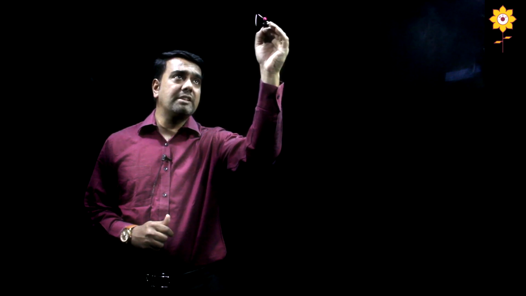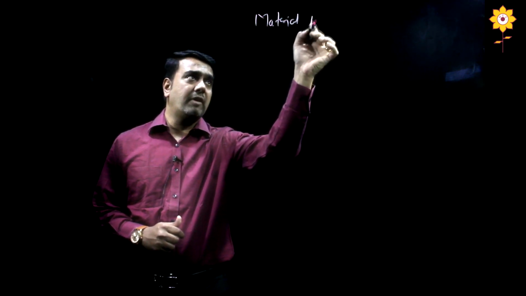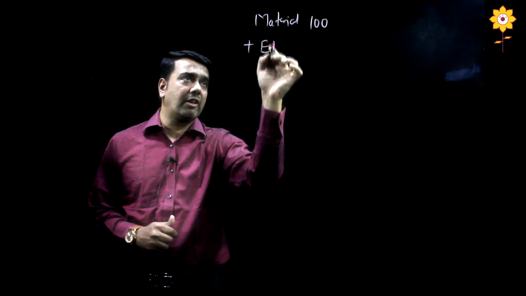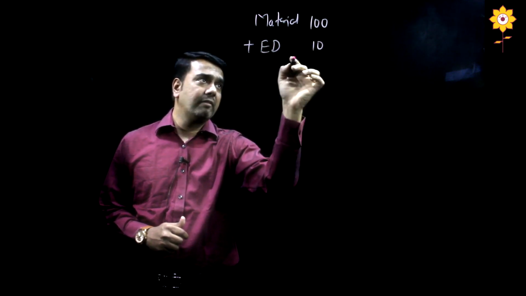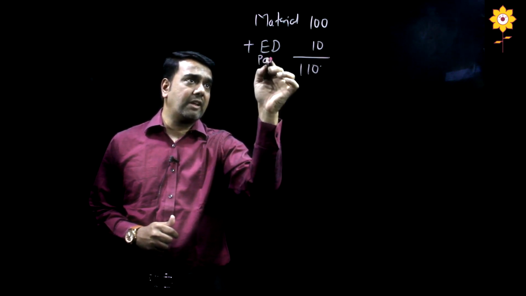When I buy that material, I will be charged excise duty by my supplier. For example, I am purchasing material of 100, then he will charge excise duty of 10. So 110, this is the excise duty I have paid.